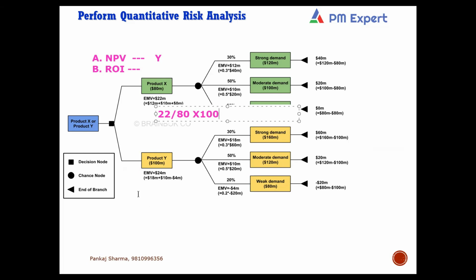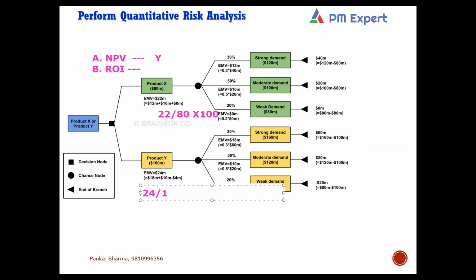And ROI of Y is what? 24 by 100 into 100, so this is 24%. ROI is what we are calculating here, from EMV and investment.